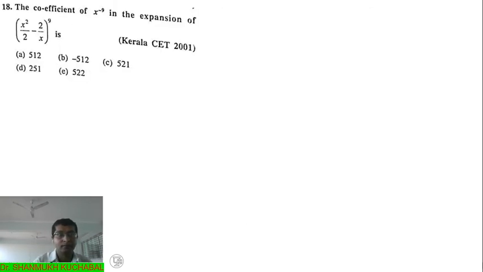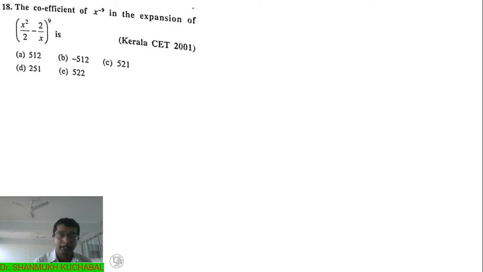Okay, we'll move to our next example. The coefficient of x raised to minus 9 in the expansion of (x squared divided by 2 minus 2 by x) raised to 9 is.